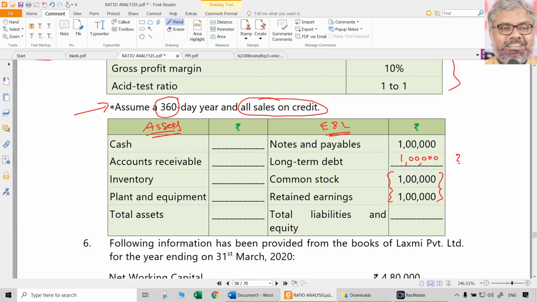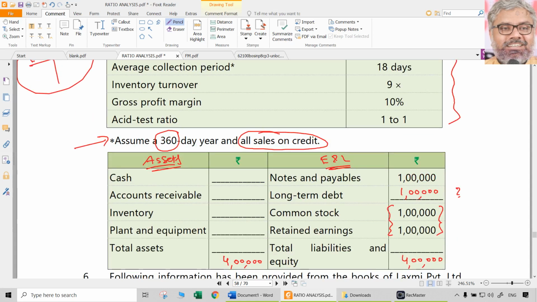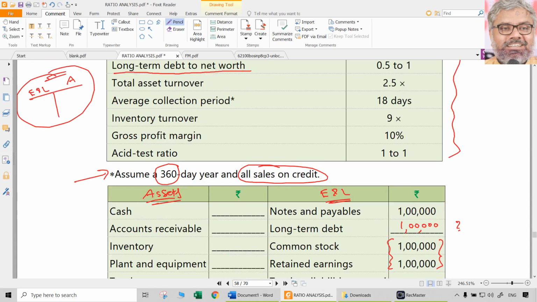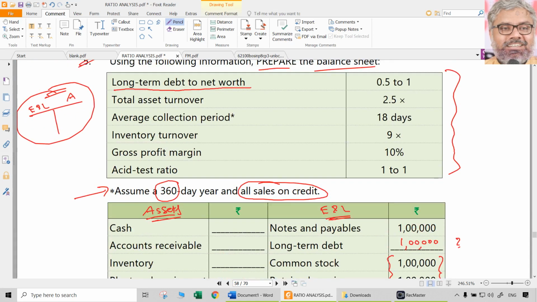What else do we want on the equity and liability side? Nothing. We have everything. 1, 1, 1, 1. Total 4 lakhs is the total of this side. Naturally, 4 lakhs will be the total of the other side also. Total we know. But separately, we have to know various things now, one by one. Anyway, for that, we have other types of data that is given.